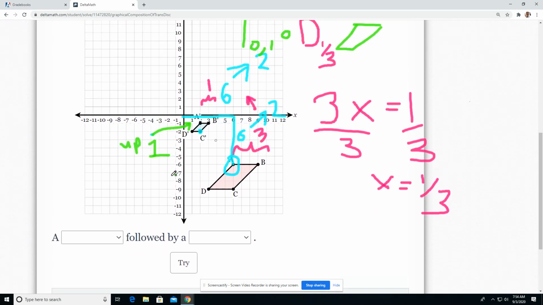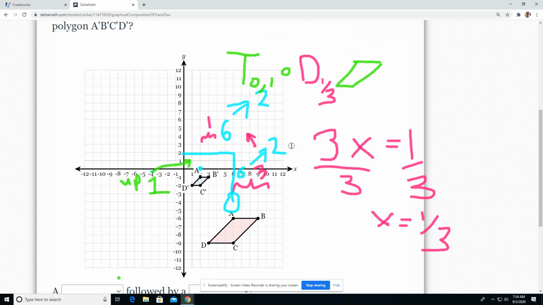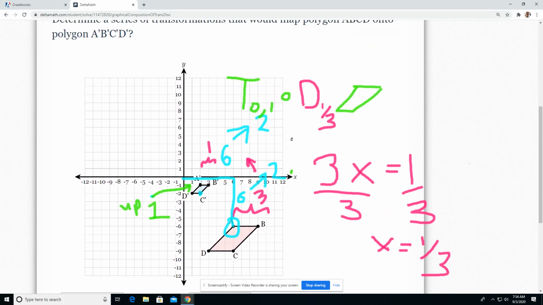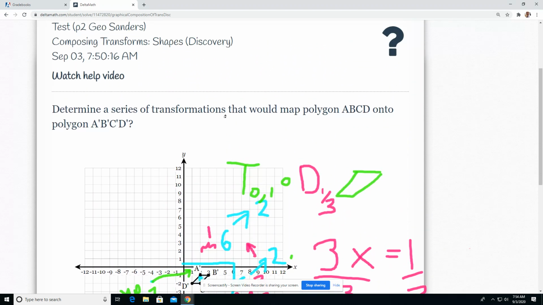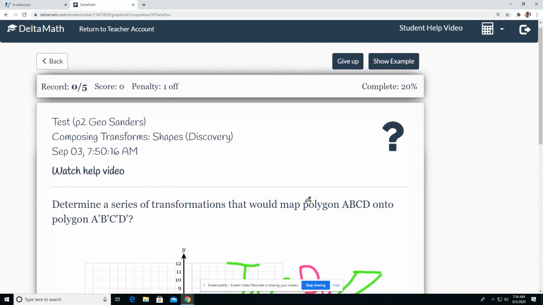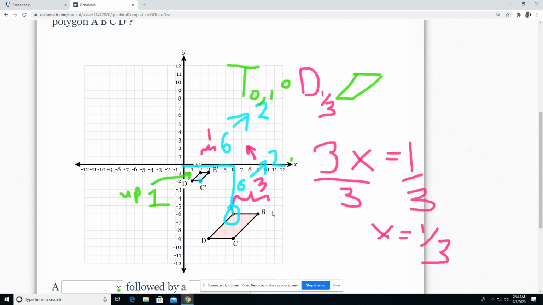So I did first a dilation of 1/3. Trying to change to a mouse. See, escape does it. Yes, escape did it. Good.